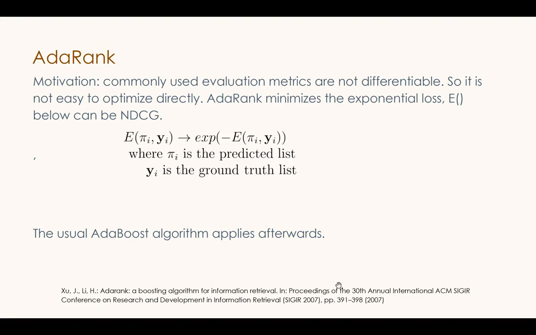So in this example, e to the power of the metric between pi i and y i is the loss, and we minimize this loss so that we can maximize this metric. Here, pi i is the predicted list, and you can think of it as a permutation of the ground truth. y i is the ground truth list.